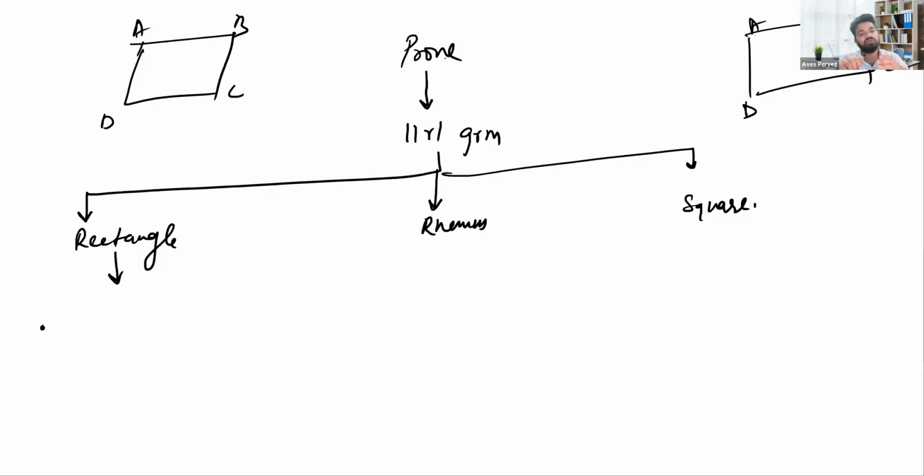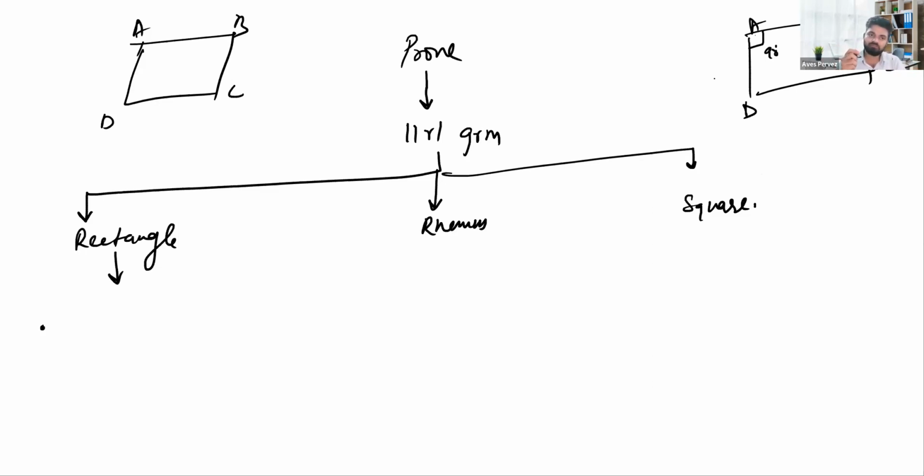Similarly, if you are going to prove anything, because the square, rhombus and rectangle are all parallelograms, if it is asked to prove ABCD as a rectangle, first prove ABCD as a parallelogram, and then prove any one angle as 90 degrees. If you prove any angle 90 degrees, then it will automatically become a rectangle.